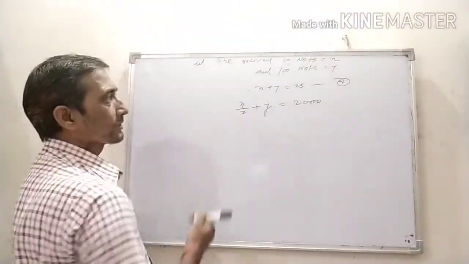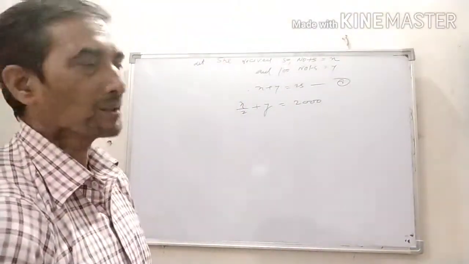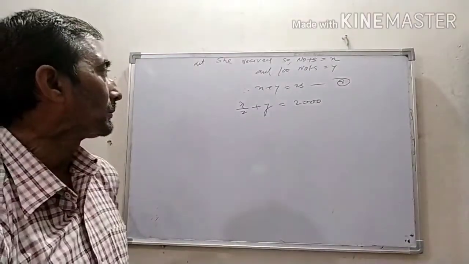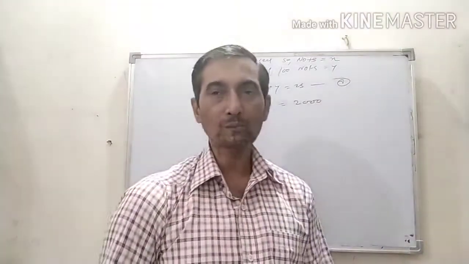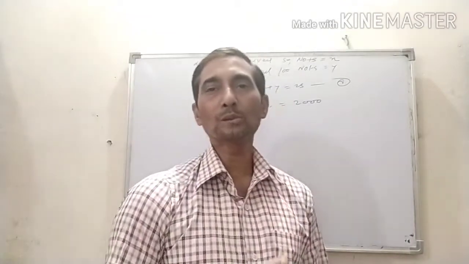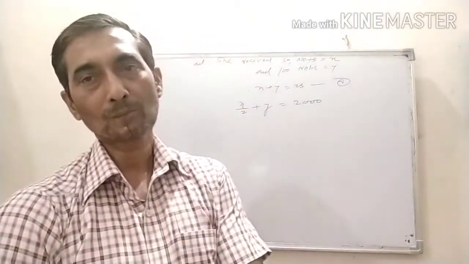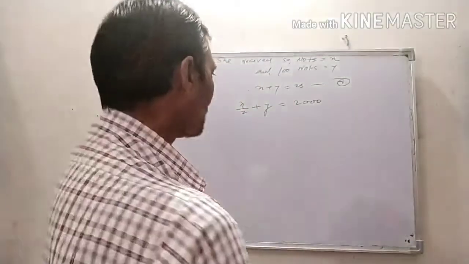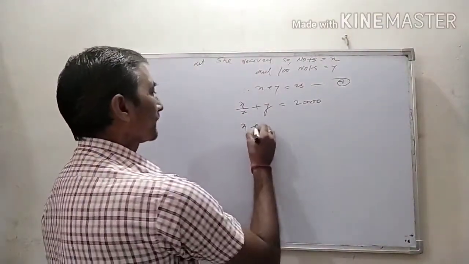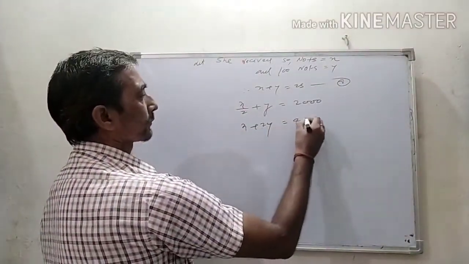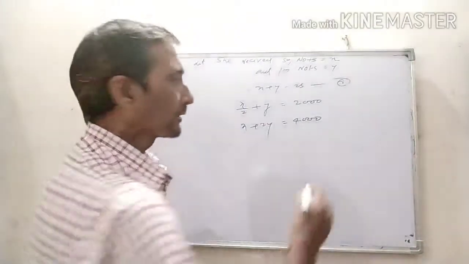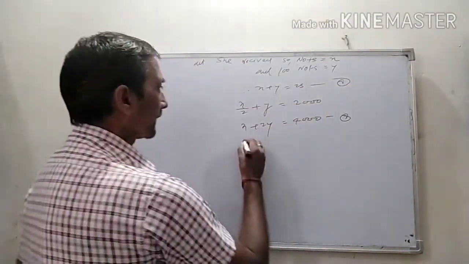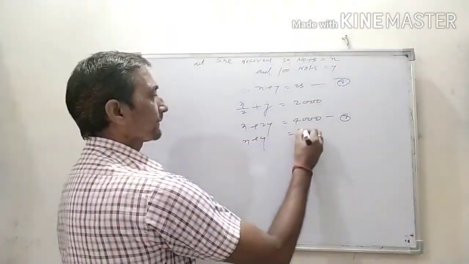Therefore, according to the question, x by 2 plus y by 1 equals 2000, now x plus 2y equals 400. Second equation. And x plus y equals 25.